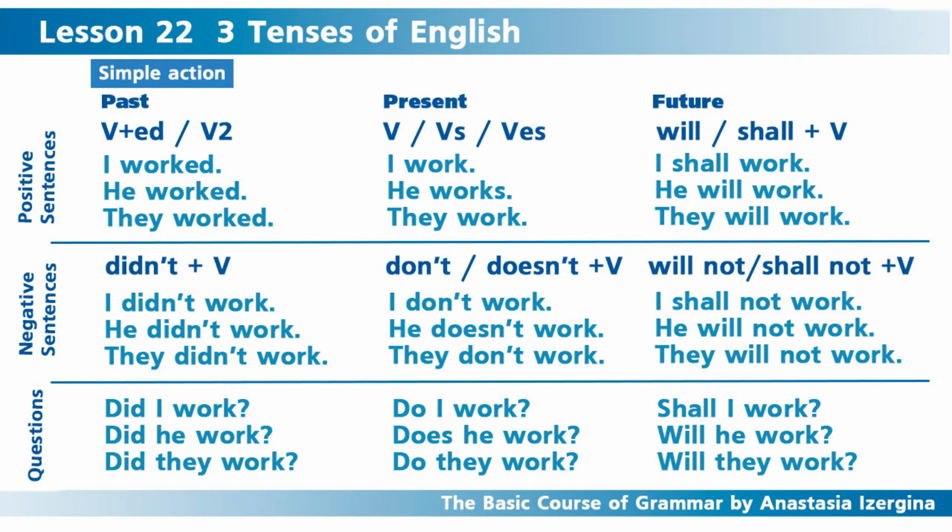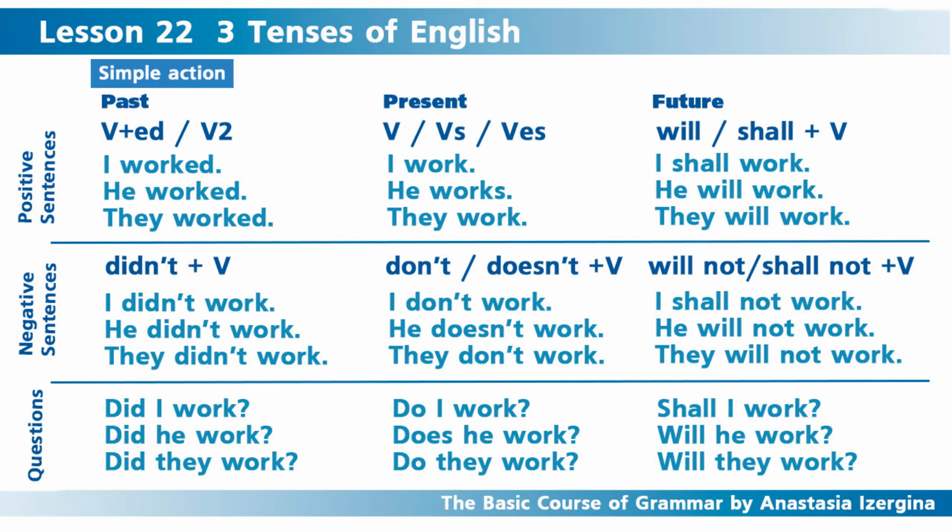In present, we use do or does as an auxiliary verb plus not, and we make them don't or doesn't, plus verb without any endings. In future, we use will or shall plus not plus verb without any endings. You see, that sounds the same way, but with different auxiliary verbs for each specific tense.